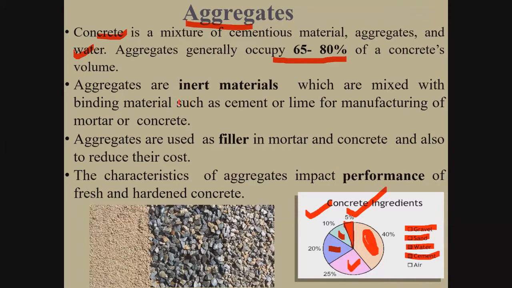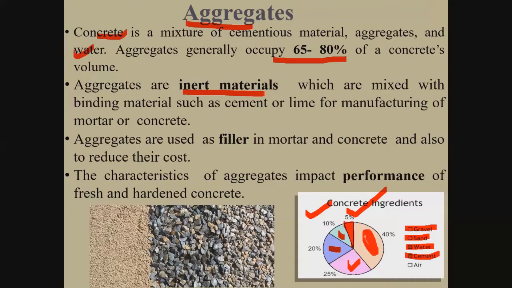Now, as you know, aggregates do not have any cementitious properties, so that's why they are known as inert materials. These inert materials will be mixed with bonding materials such as cement or lime for the manufacturing of either mortar or concrete.